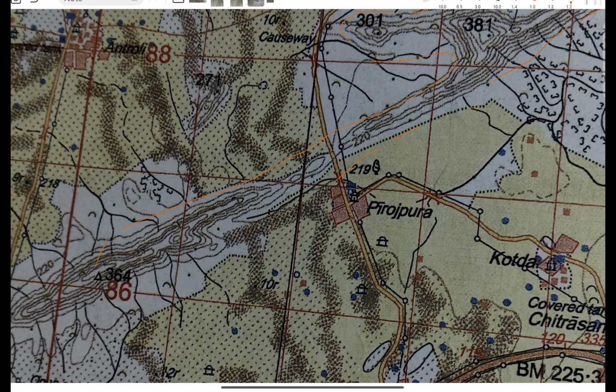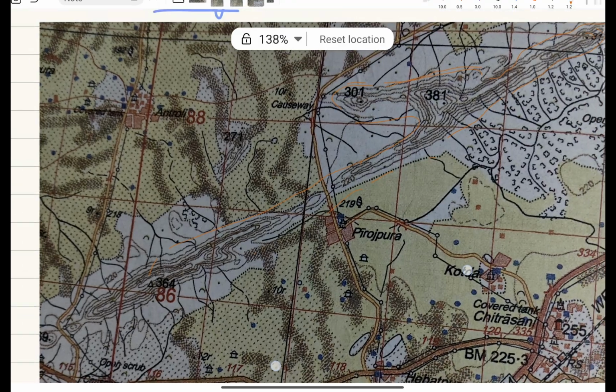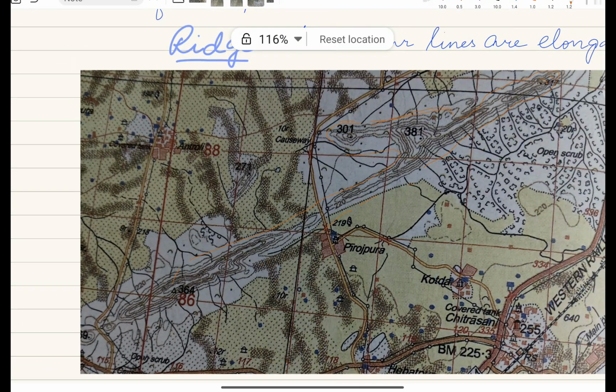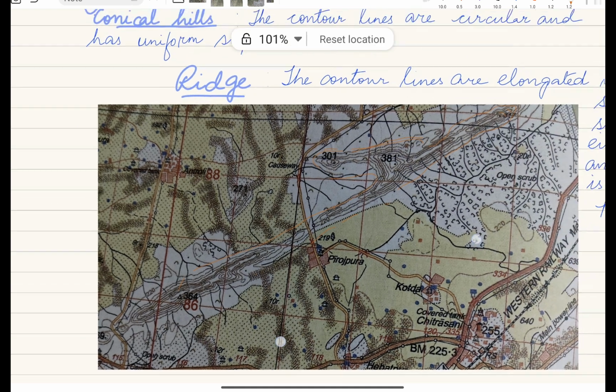Now when you see an elongated feature with contour lines closely spaced, signifying steep slope with some isolated peaks, this feature is termed a ridge.